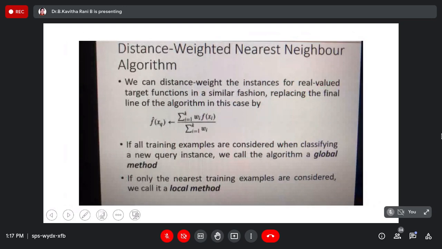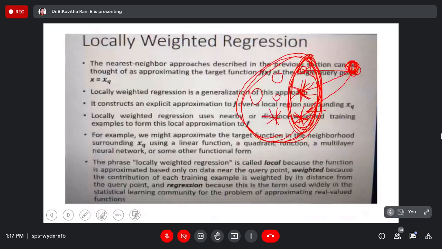The phrase locally weighted regression is called local because the function is approximated based on only the data near the query point. So this is your query point and it is compared with your nearest neighbors which are local to it. So that is called locally weighted regression.